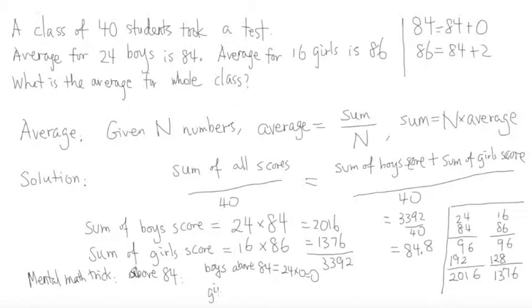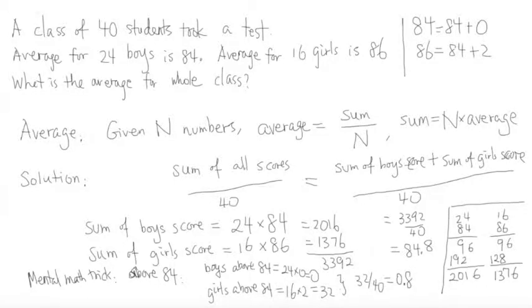And girls above 84, that's 16 times 2, and this is something I can do in my head. That's 32. So the total is 32, and you divide by 40, and that gives me the average above 84, which is 32 divided by 40 is 0.8.